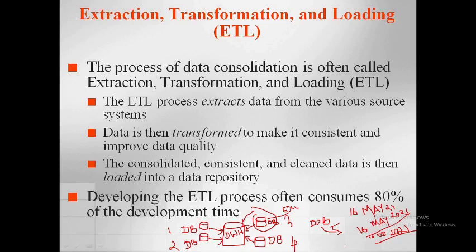If I want to make a common format, I want to store the first name first and my last name second, because some phone books use last name first and first name last. Got it? We need to transform them. We need to make a common data format.